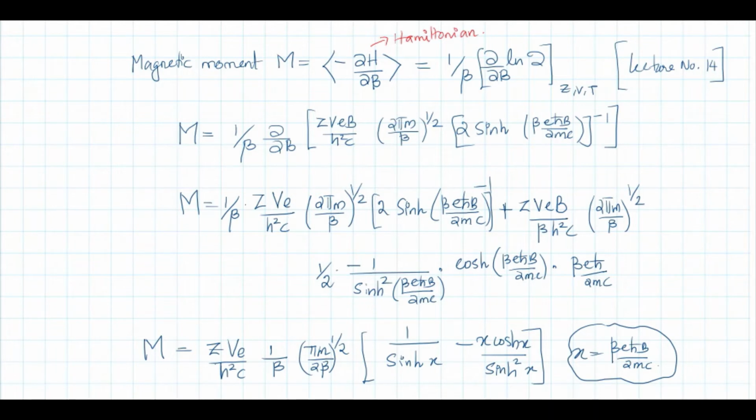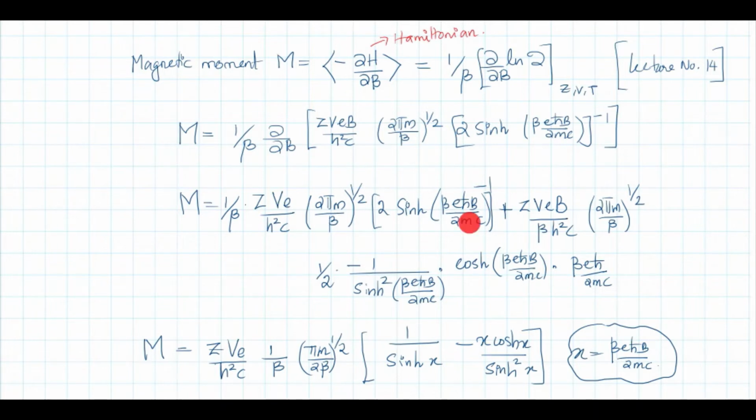Again you take the derivative of this quantity, that is beta e h cut by 2mc. From the first term and second term you can take this quantity outside: z Ve by h square c, 1 by beta, pi m by 2 beta whole raised to half.